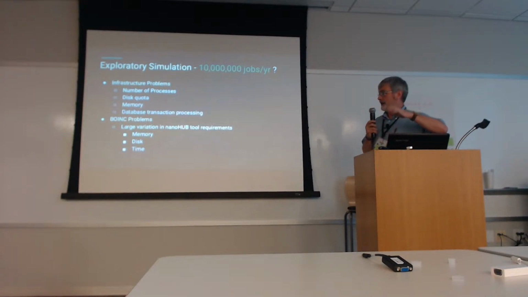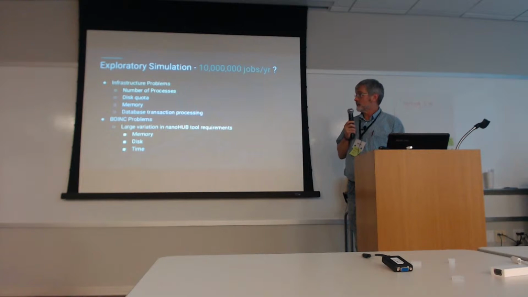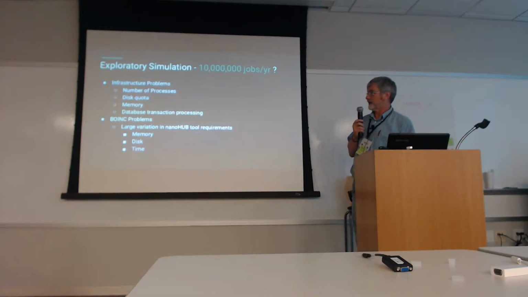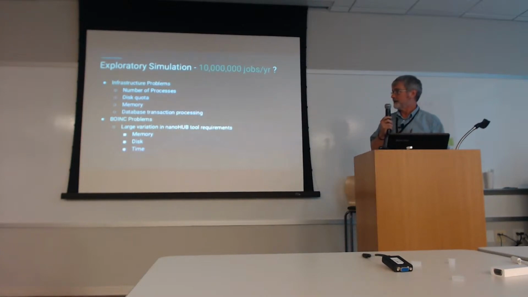It was very hard to keep up. Most of those problems were addressed by doing two things: switching to MySQL for the database, and changing the way we monitor processes so that instead of having a monitoring process for each batch, there's one monitoring process for all the batches. That took care of the memory problem mostly, and the number of processes.